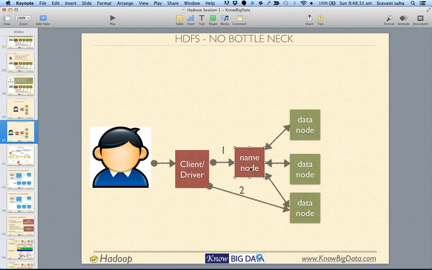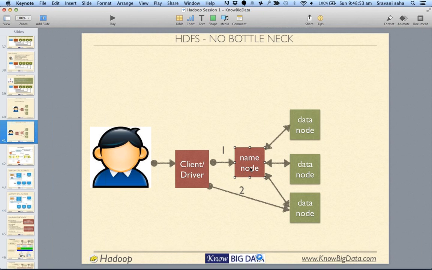So this information is with name node. Whenever you want to read or write data, you first go to name node, explain the situation of what you want to do, and accordingly name node guides you to the correct set of data nodes.